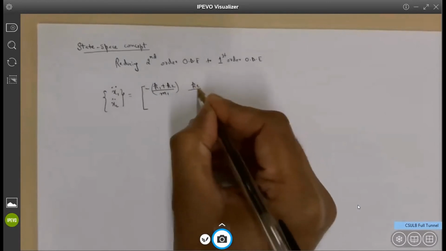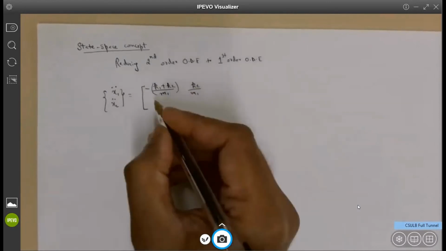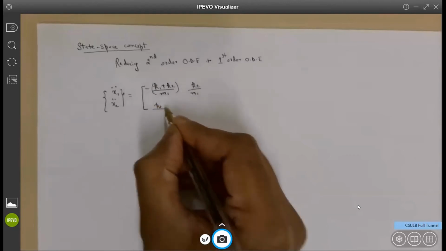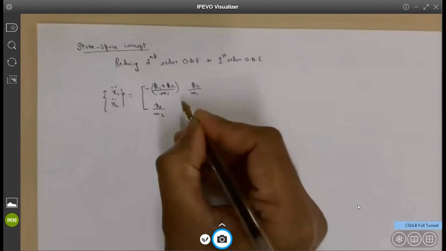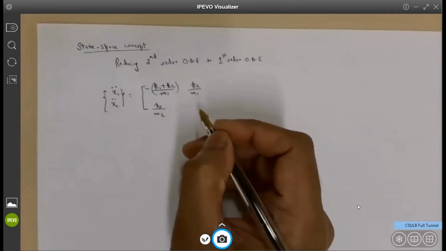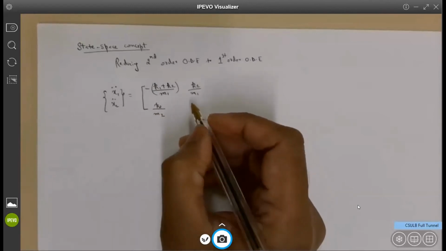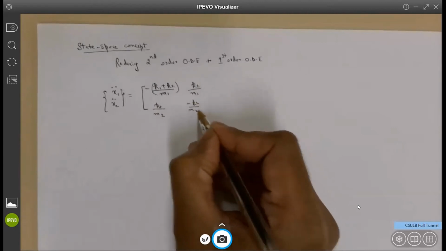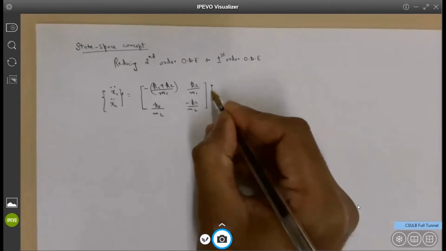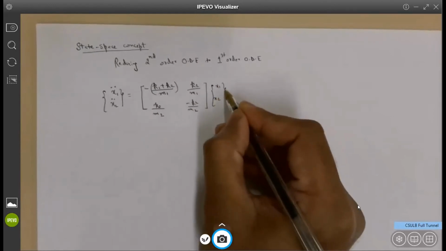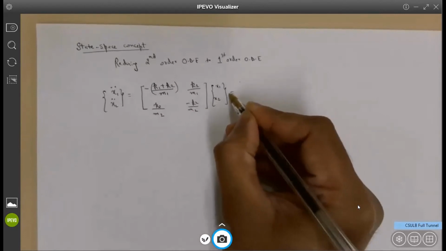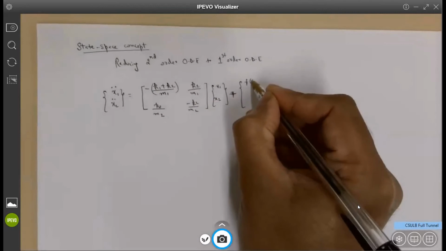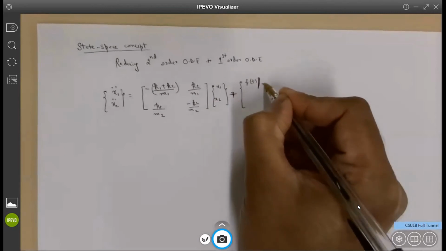I'm just rewriting the equation from the previous document, a previous sheet. M1 x1 double dot.